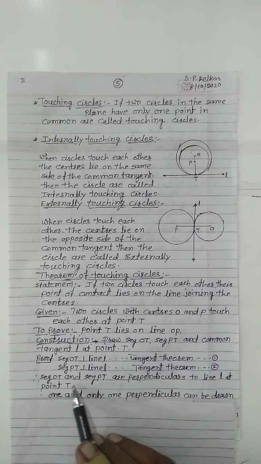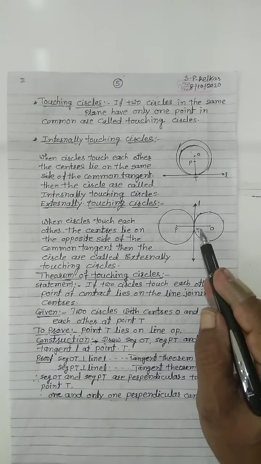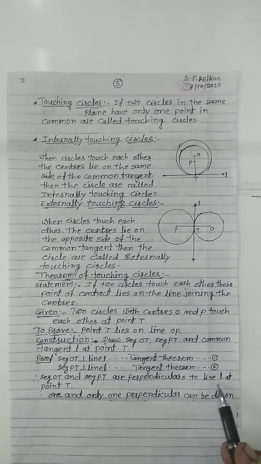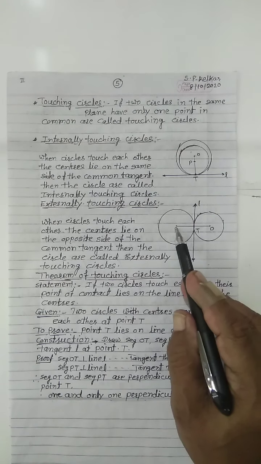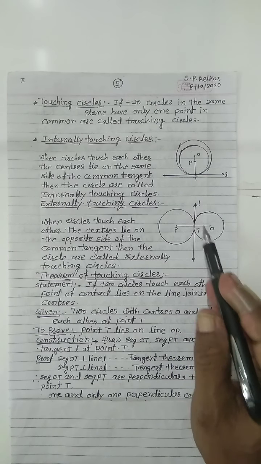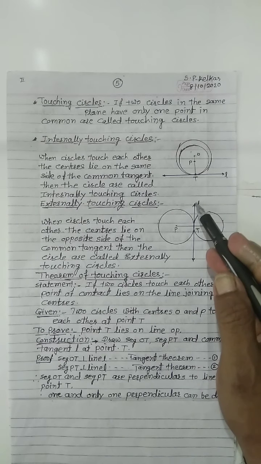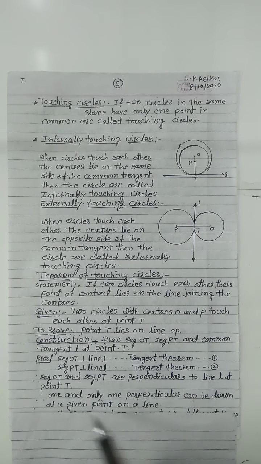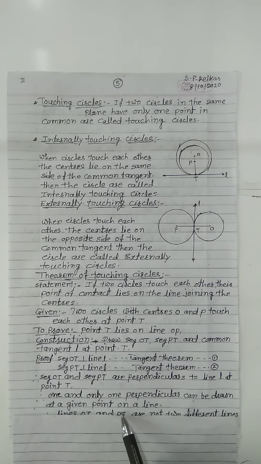Segment OT and segment PT are both perpendicular to line L at point T. This PT is perpendicular to line L at point T, and this OT is also perpendicular to line L at point T. One and only one perpendicular can be drawn at a given point on a line.